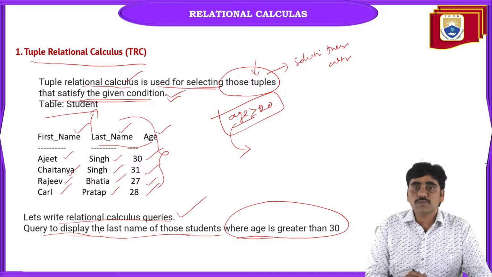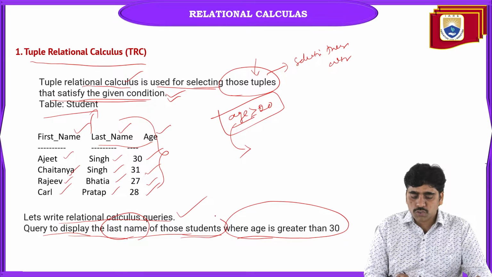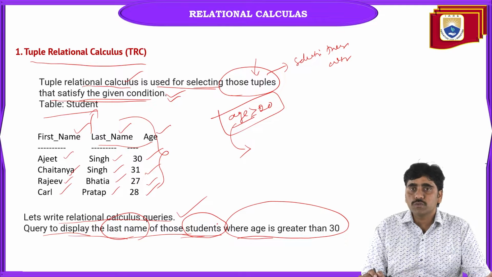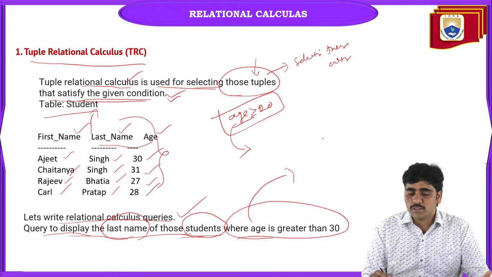We want to display the last name of those students where age is greater than 30. So the condition is: age is greater than 30.